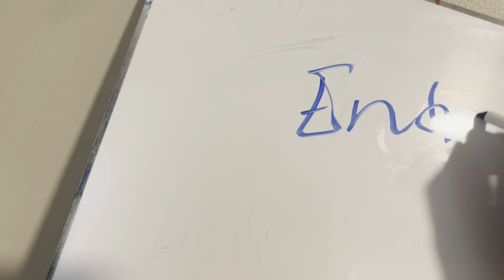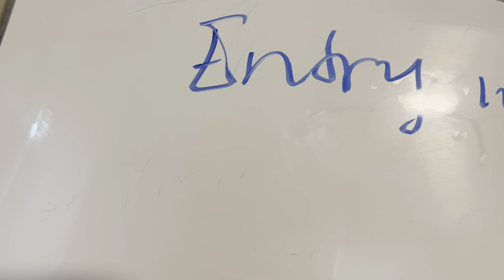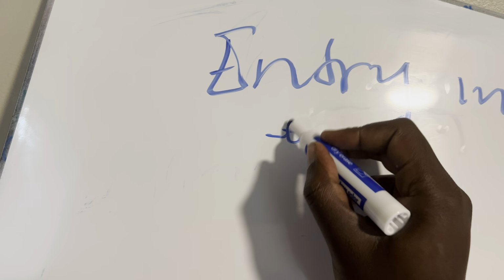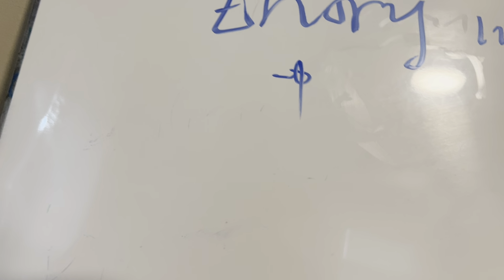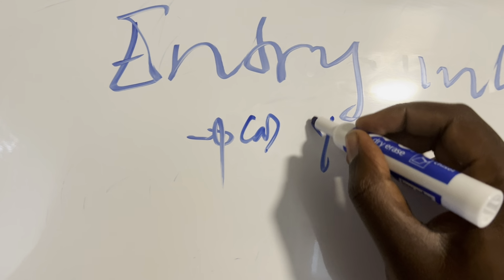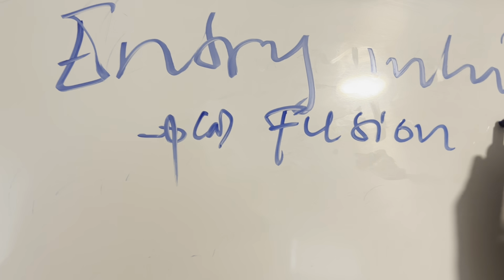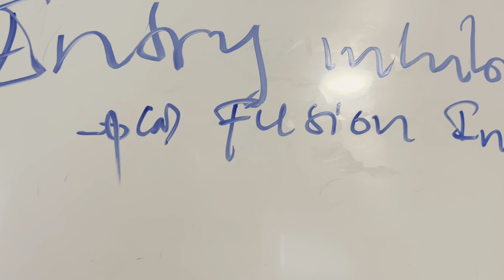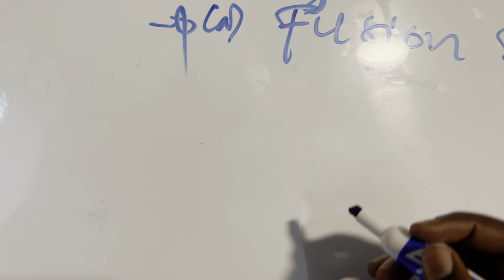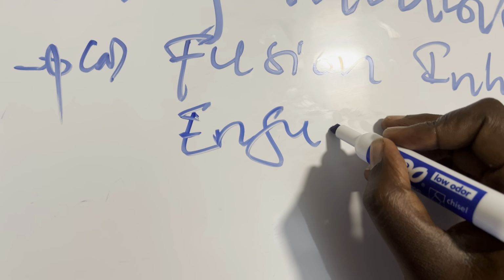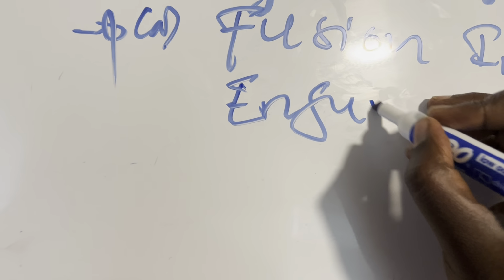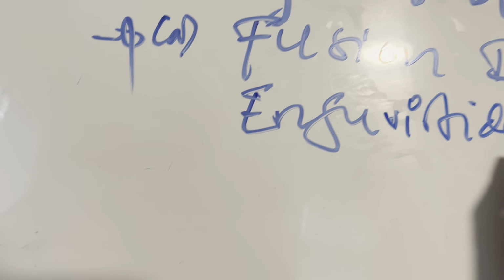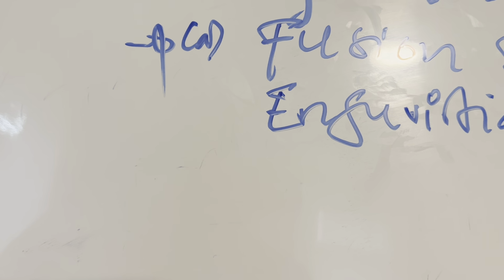And then the fifth group is called entry inhibitors. The first group is fusion inhibitors. An example of fusion inhibitors is enfuvirtide, abbreviated as T20.